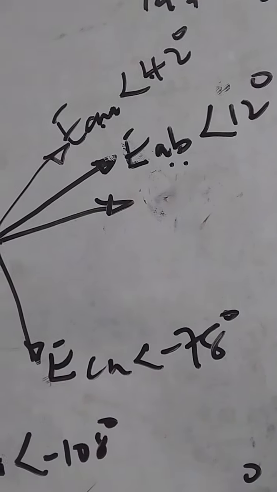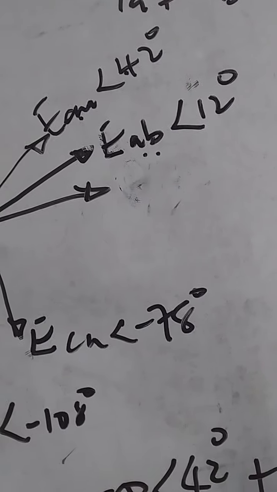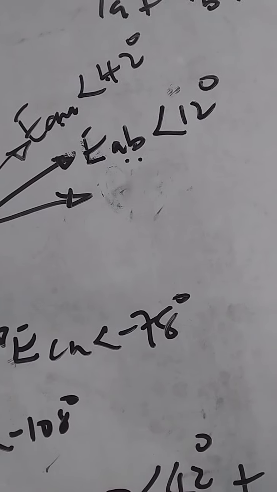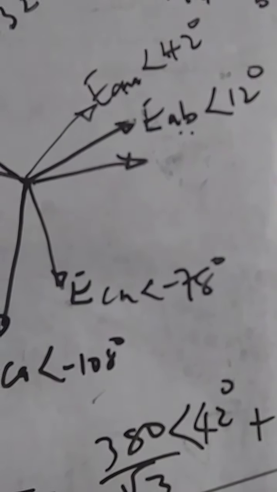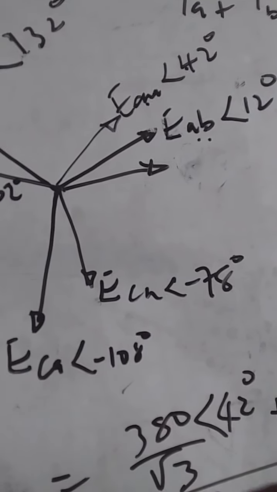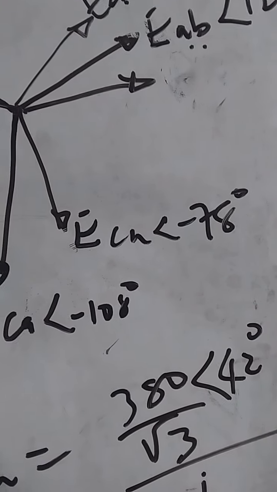Then you have ECN, which is also 380 divided by root 3 at angle minus 78 degrees. Then you divide it by Y, that is YA, which is the inverse of the impedance, that is 1 over the impedances given.